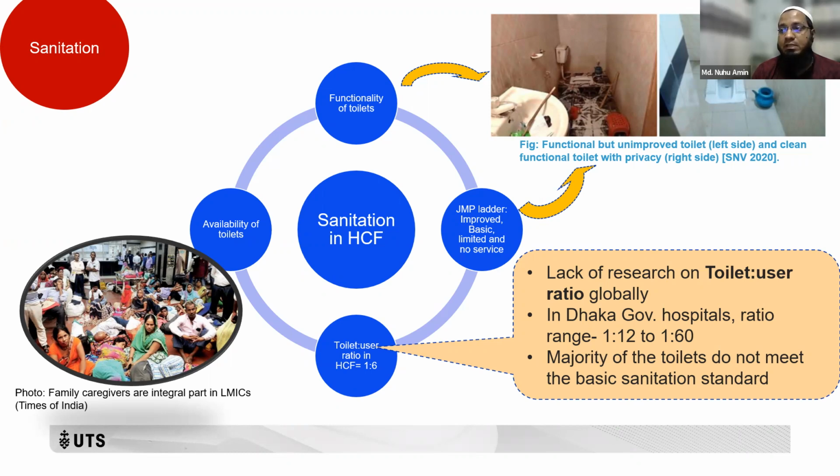But in the majority of low and middle income countries, in a recent study, I have found that the latrine and user ratio is about 1:12 to 1:16 in government hospitals, which is really difficult to manage. So when you talk about sanitation facilities, these are basic things we have to consider.